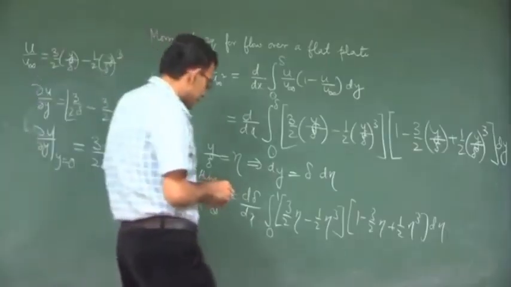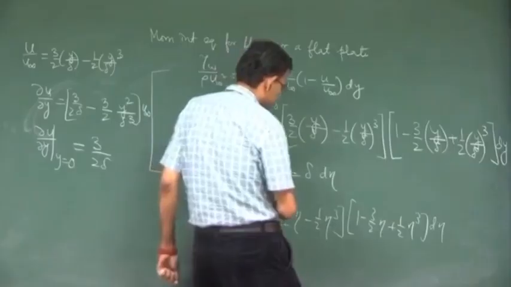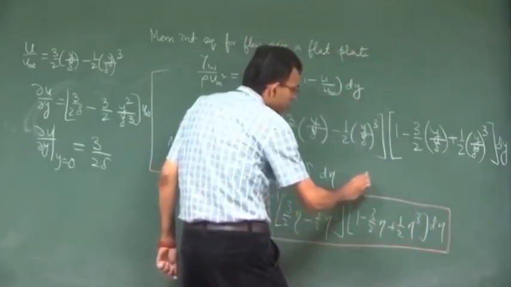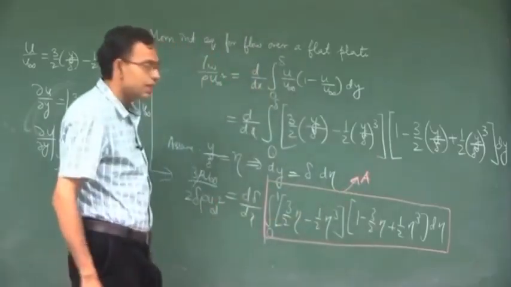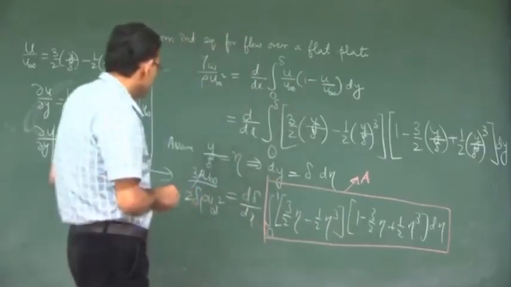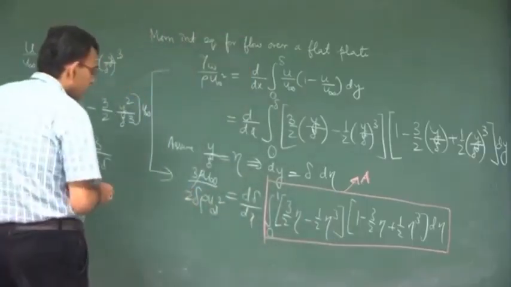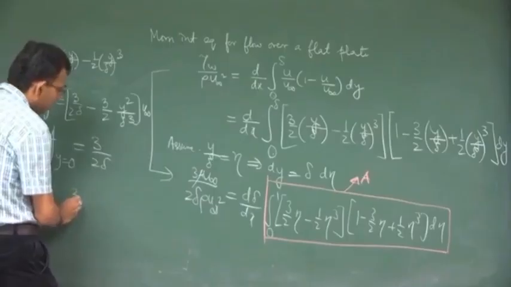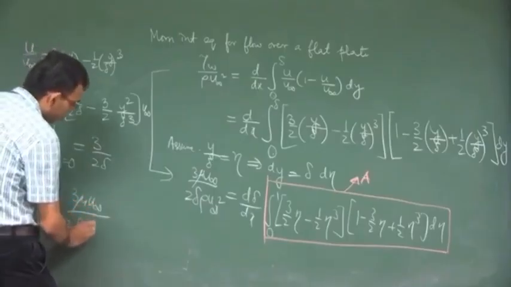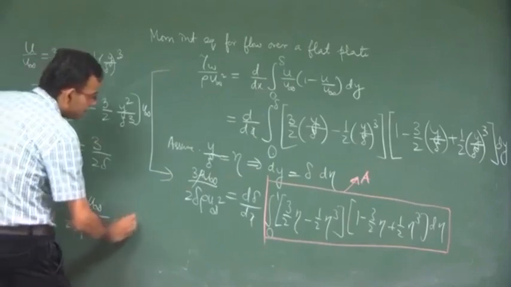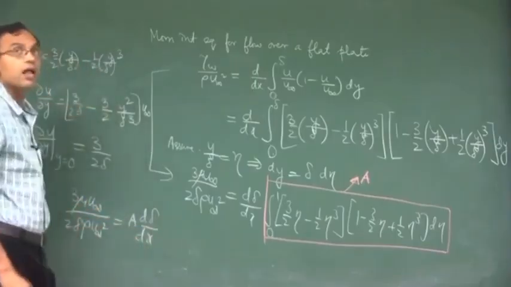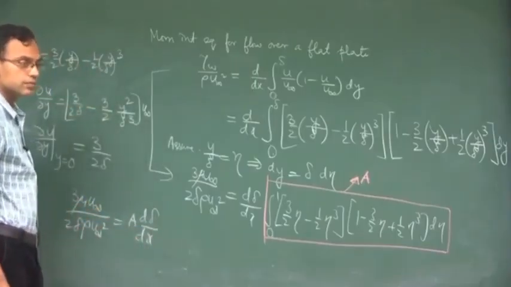So, now let us say this after evaluation will give a numerical value, say a, some number. So, you can write 3 mu u infinity by 2 delta rho u infinity square is equal to a d delta dx. Okay.